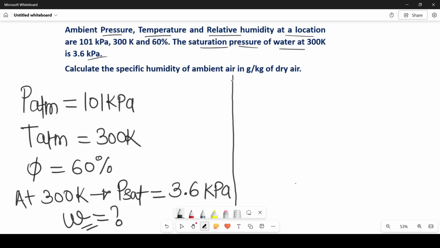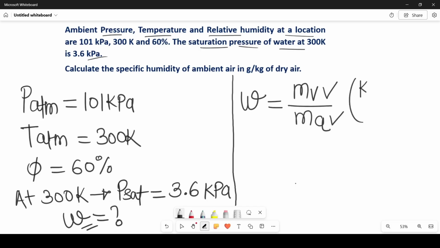Specific humidity is defined as the mass of water vapor present in a unit mass of dry air. So it is the ratio of mass of water vapor per unit mass of dry air, and its unit is kg of water vapor divided by kg of dry air.